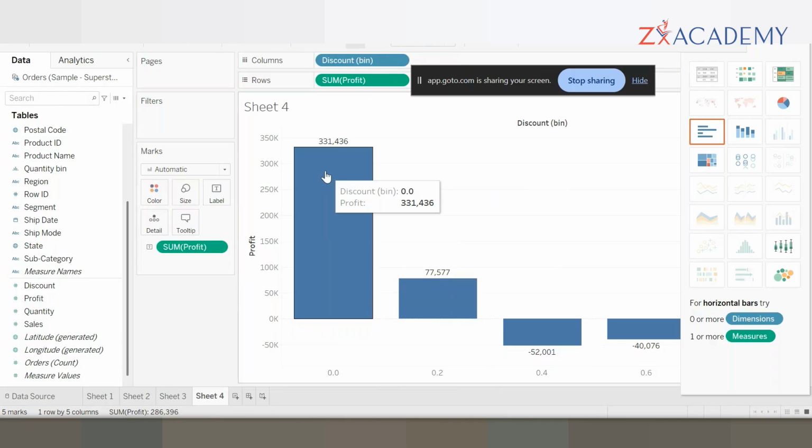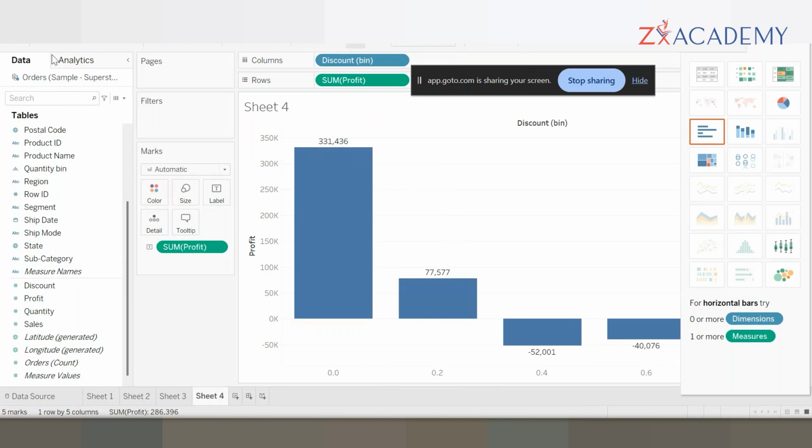See, my overall profit was only 2,86,000. When I have sold a product with less than 20% discount, I have done 50,000 more business than the overall business. 2,86,000 is the total profit, but here it is 3,31,000 profit. So when we have sold a product with no discount or less than 20% discount, we have achieved more than the actual profit.